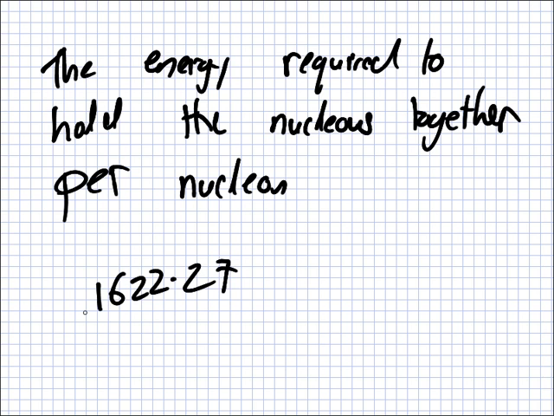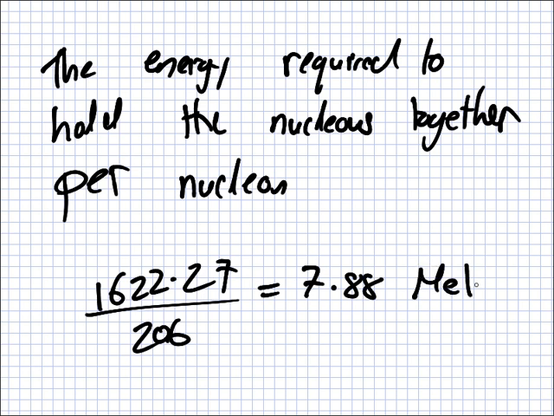Okay, so the next question then is just 1622.27 divided by 206. What's that, please? Why 206? There's 206 nucleons. Say again? 7.88. Is that okay? You look confused.